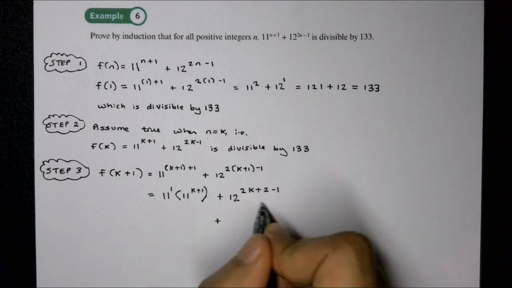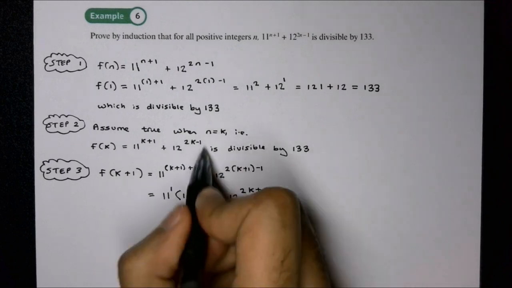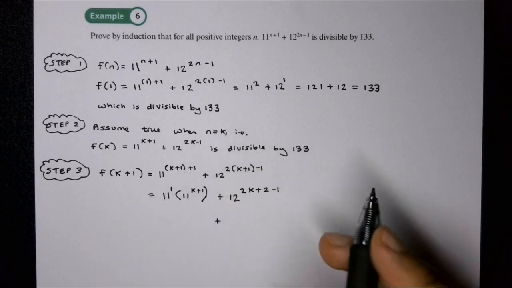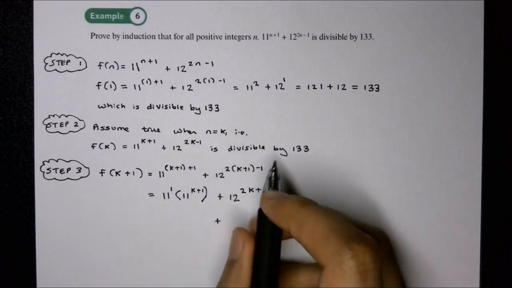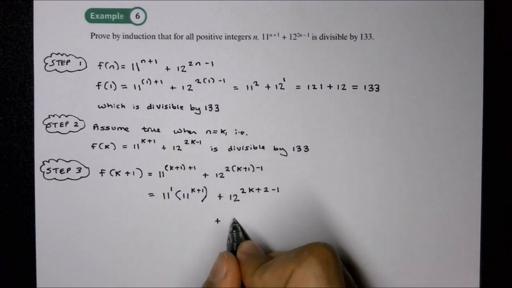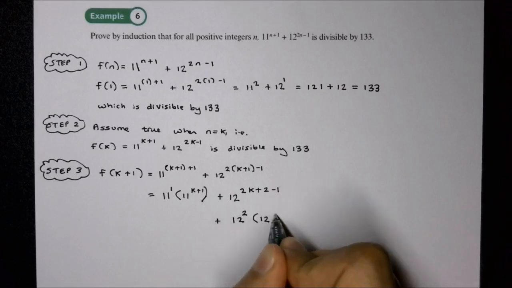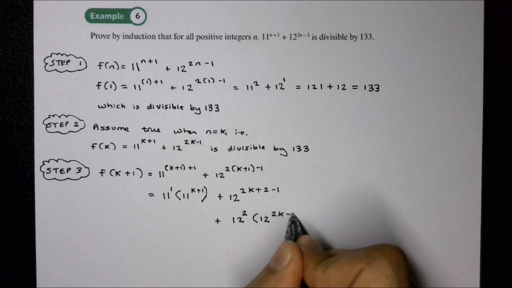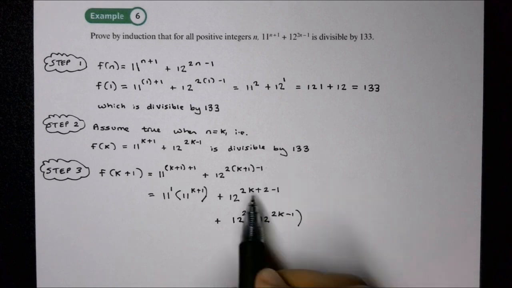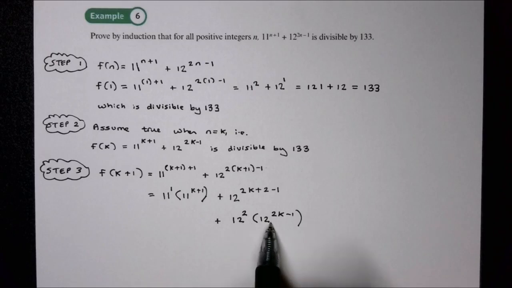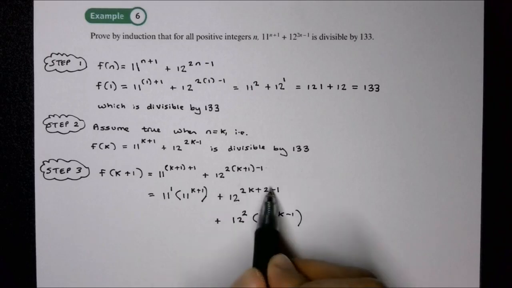Now to make this similar to what we have over here, we've got a 12 to the power of 2k minus 1, and we can get that by using the laws of indices. We have over here 12 to the power of 2 multiplied by 12 to the power of 2k minus 1. And of course, adding the powers, because we've got the same base, gives this result here.